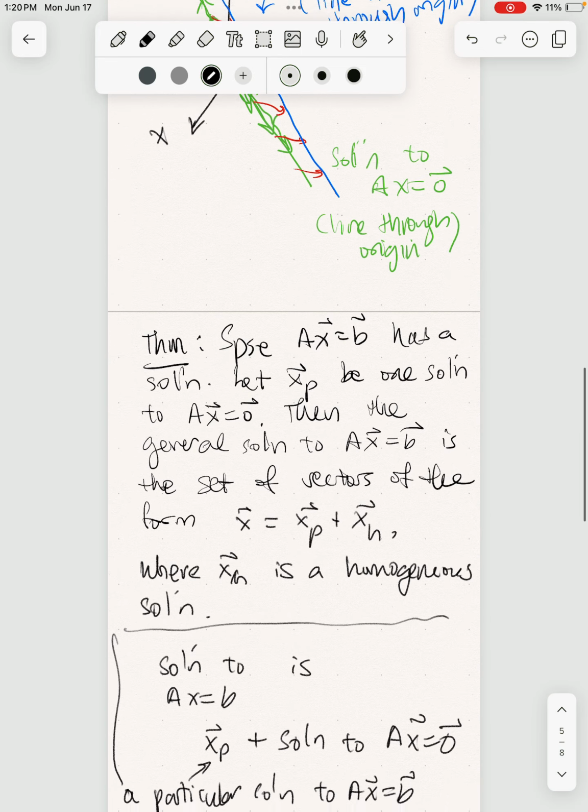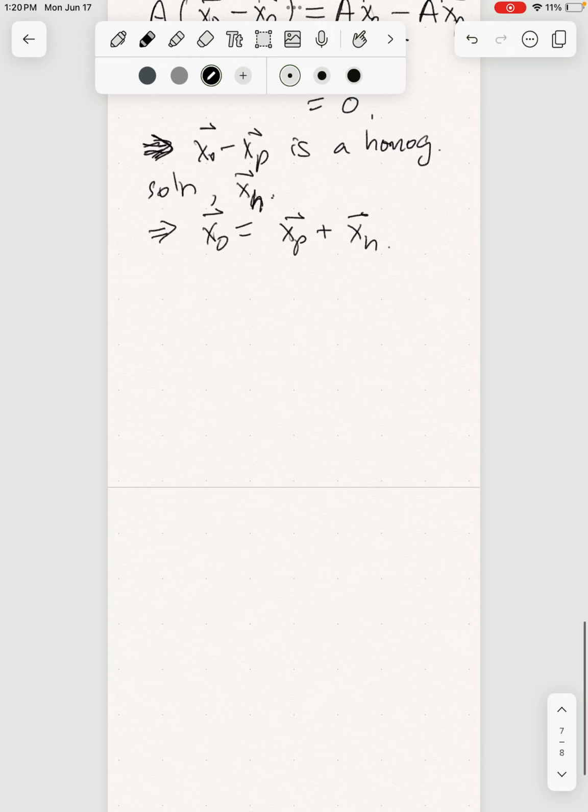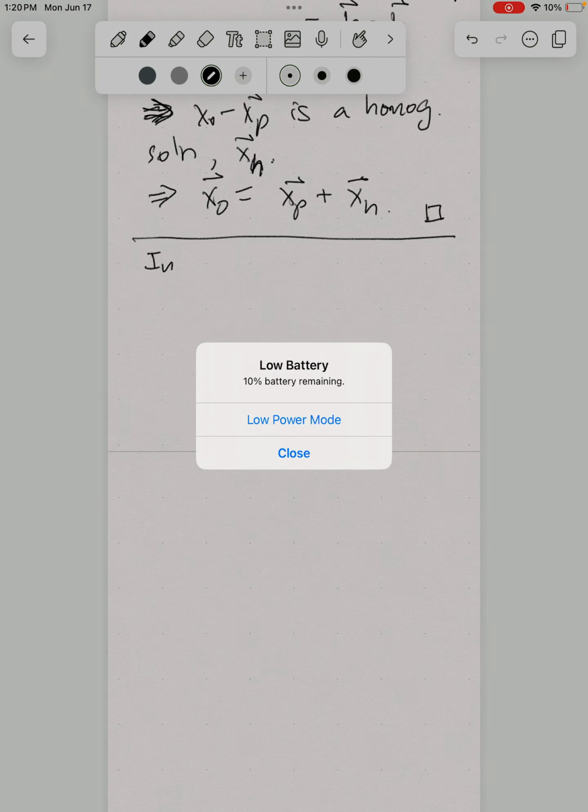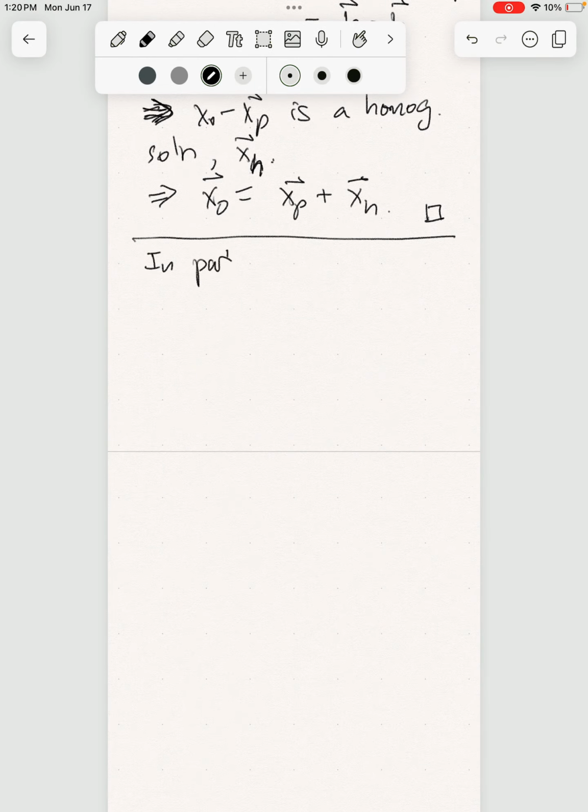So in particular, let's just think about what happens. Okay, so that's the end of the proof. So in particular, let's say that Ax equals 0 has only the 0 vector as a solution.